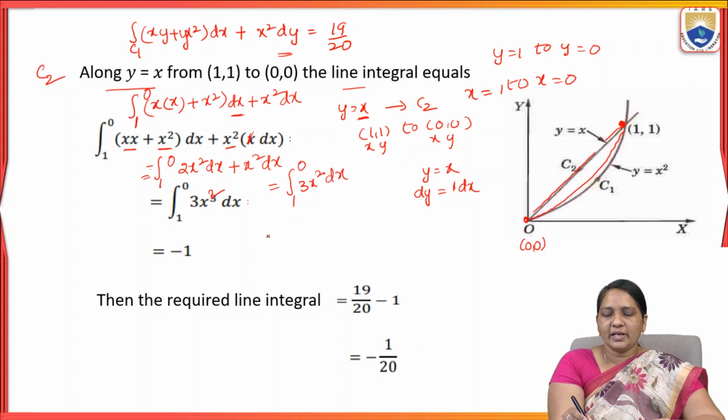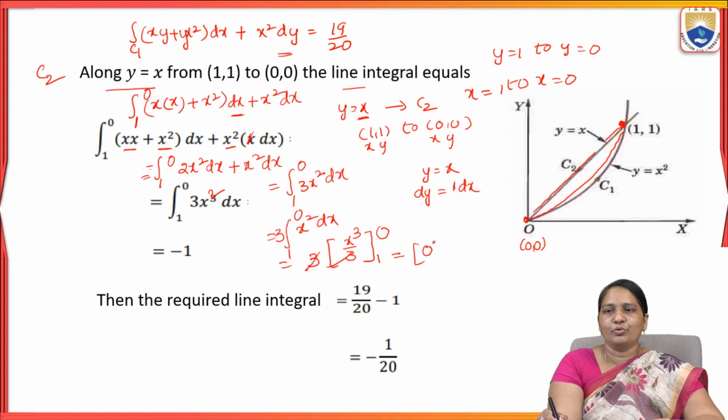Now I am going to calculate this value. 3 is the constant, and the integral of x square is x cube by 3, with limits 1 to 0. Now 3 will be cancelled. Now we replace the limits: upper limit is 0 cube minus 1 cube. So finally the value is minus 1.